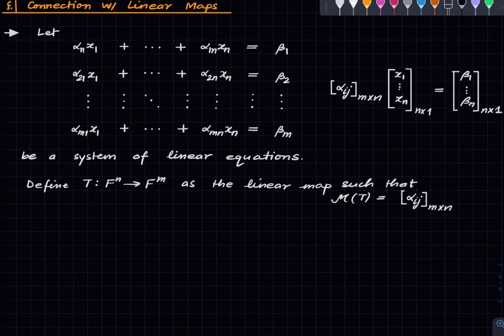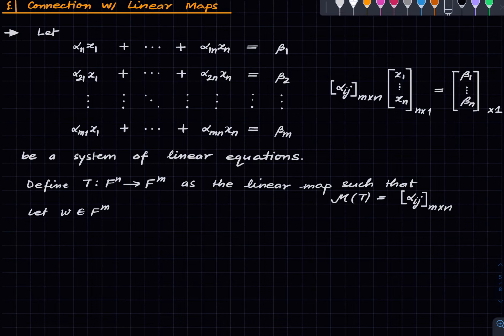And if you're thinking as to why such a linear map should exist, just think about it. All you're doing is specifying the behavior of T on every individual standard basis vector, and once you specify that, there is a unique such linear map. So there is a unique linear map with this property, and let W be an element in F to the M. Right, so here I've made a mistake.